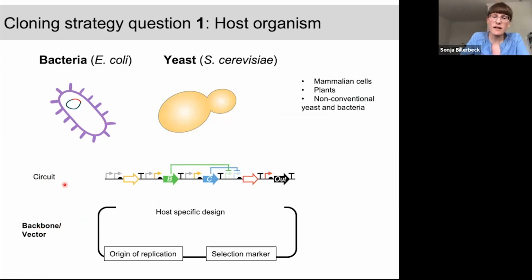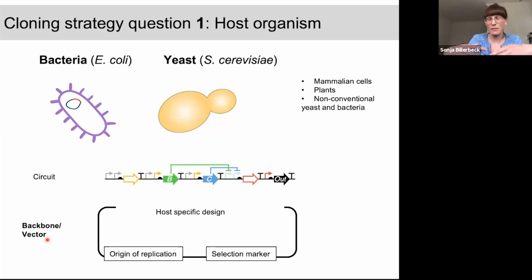The circuit design obviously depends on the vector, because bacteria and mammalian and eukaryotic cells such as Saccharomyces cerevisiae do have different translational machinery. So you need to take that into account when implementing your promoters. But even earlier, before you design the circuit, you need to think about the backbone.